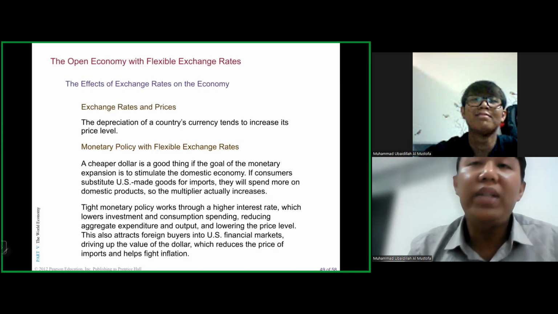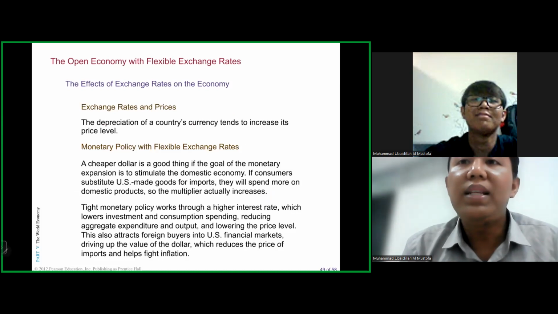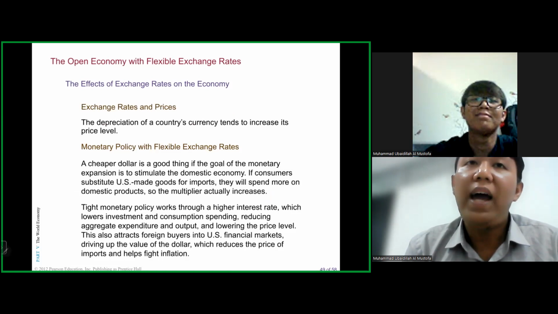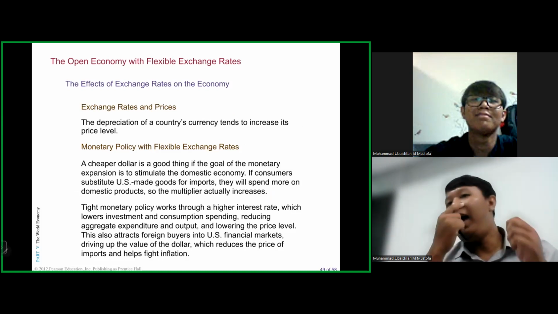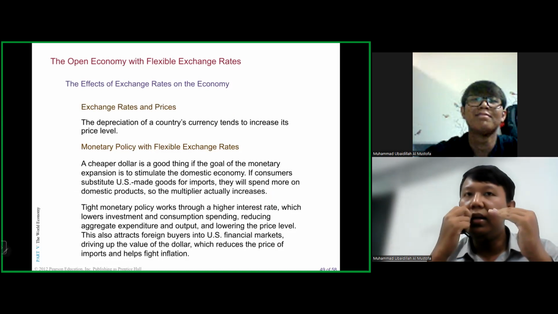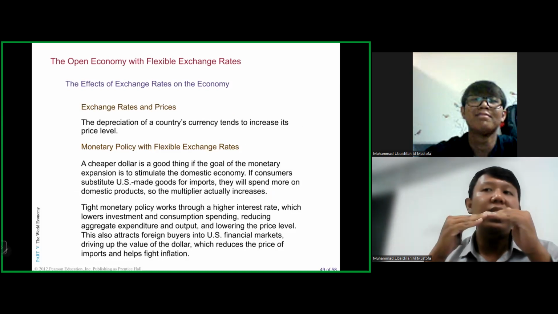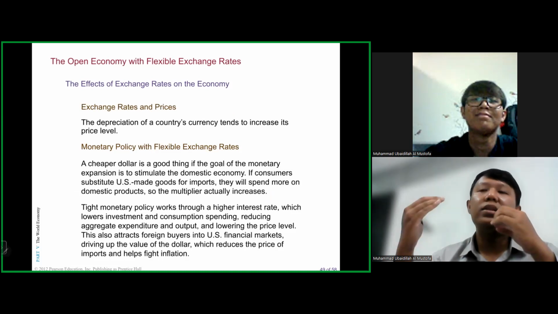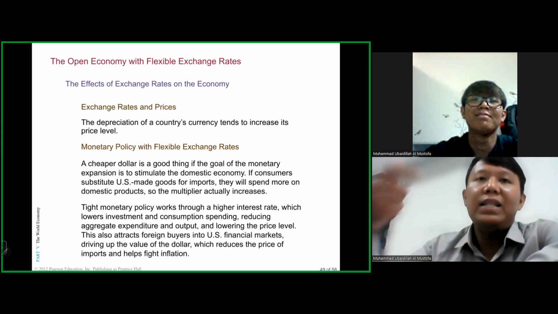So the depreciation of a country's currency tends to increase its price level. How does this happen? When we have a depreciation in our local currency, it increases our inflation, our price level.